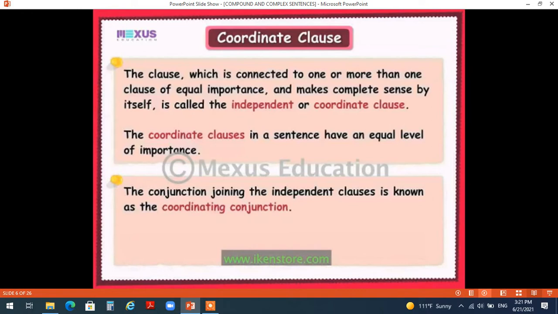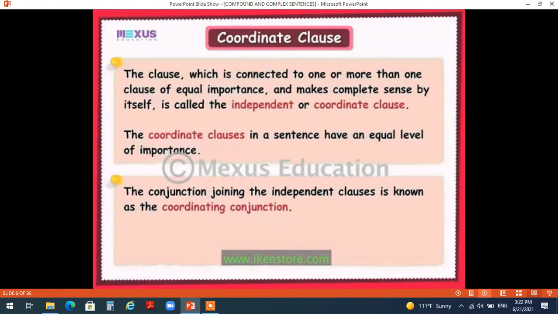So, a coordinate clause is the clause which is connected to one or more than one clause of equal importance and makes complete sense by itself, is called the independent or coordinate clause. إذن نطلق مصطلح coordinate clause على العبارة الفعلية التي ترتبط بعبارة فعلية أخرى أو أكثر، وتبقى محافظة كل عبارة فعلية منهم على أهميتها، يعني تكون كل العبارات الفعلية في الكوردينيشن متساوية من ناحية الأهمية، وكل عبارة فعلية يعني تعطي معنى كامل، ممكن أن تستخدم كجملة مستقلة بحد ذاتها.